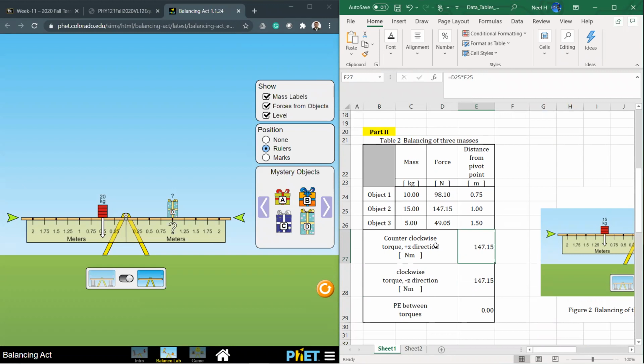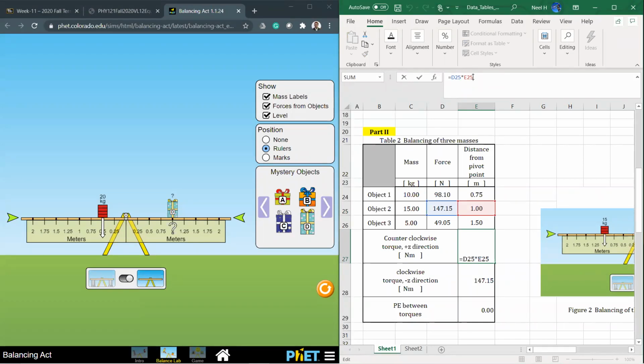Okay, this is counterclockwise. So counterclockwise comes from the left side, right? On the left side, it was object number 2. So that should be D25 times E25. These two. When I click here, you see the formula here, right? You see that? Yes, I've seen it. D25.